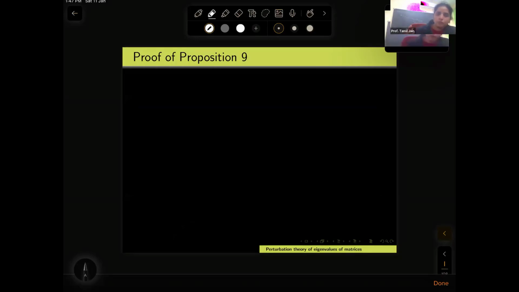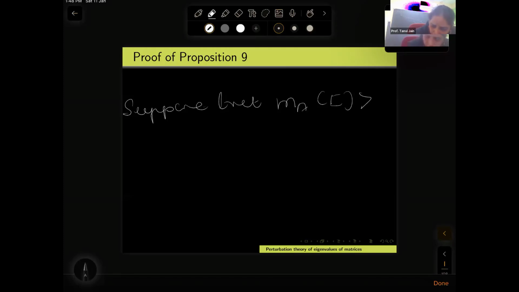Again, we'll use the same two-dimensional subspace theorem. Suppose that M_A(I) is strictly greater than M_B(I epsilon).